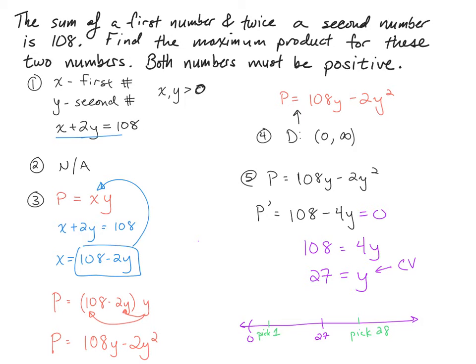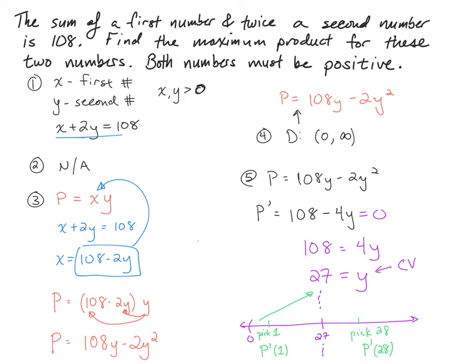I'm sorry, I guess we could call it p prime of 1. P prime of 1, there we go. And p prime of 28. So when I substitute 1 into this function here, I am definitely going to get something positive. Yep. So we know that it will be increasing to the left of 27.